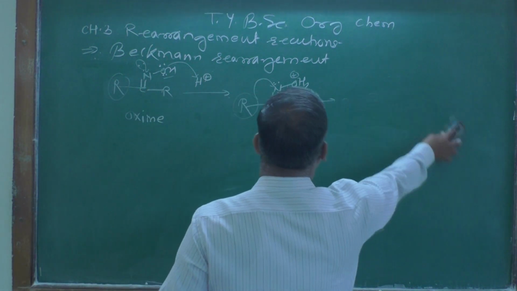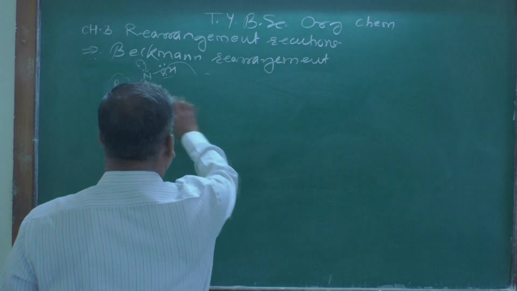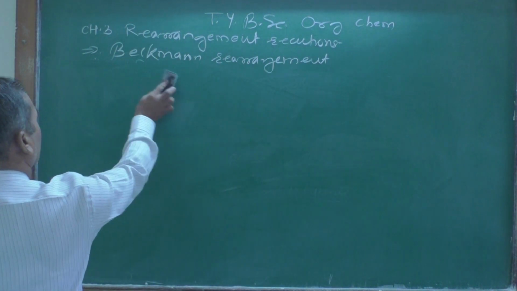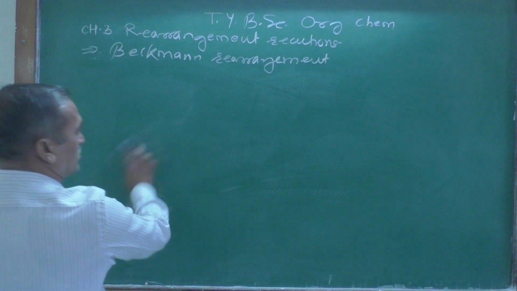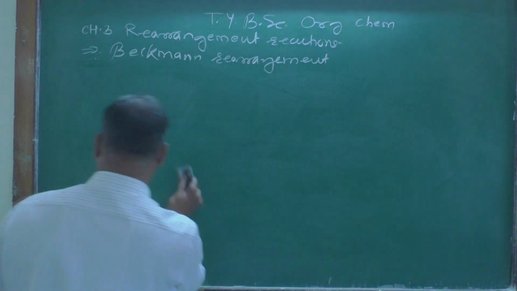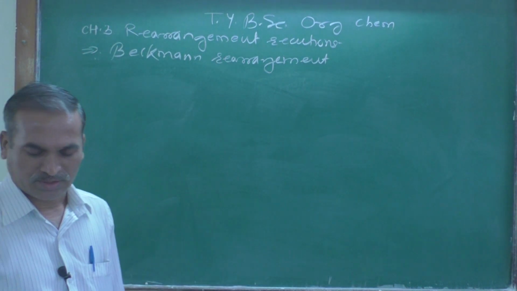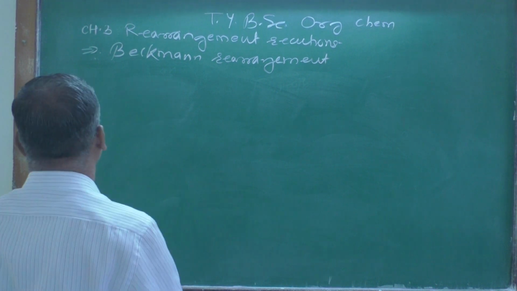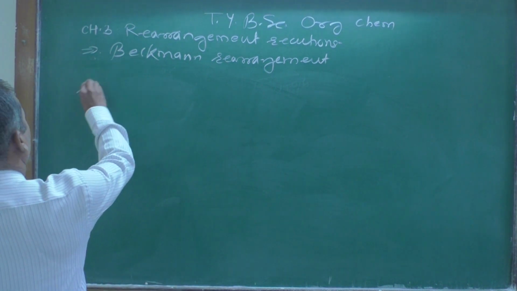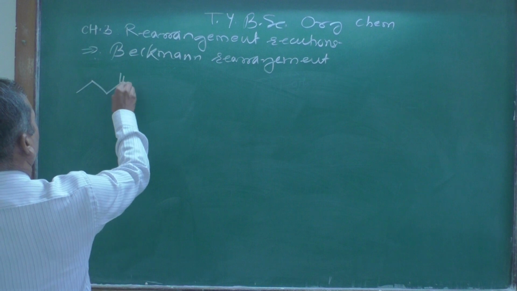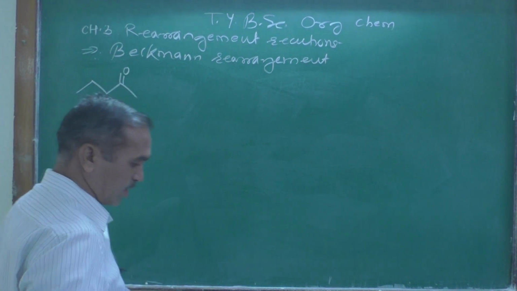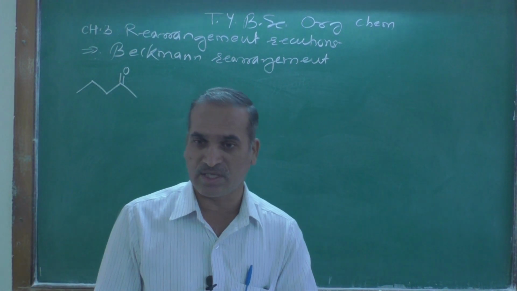Now let us see some examples of this Beckmann rearrangement reaction. Let us take one example. I am writing this type of example, C double bond O. Now it is a zigzag structure, and why a zigzag structure?